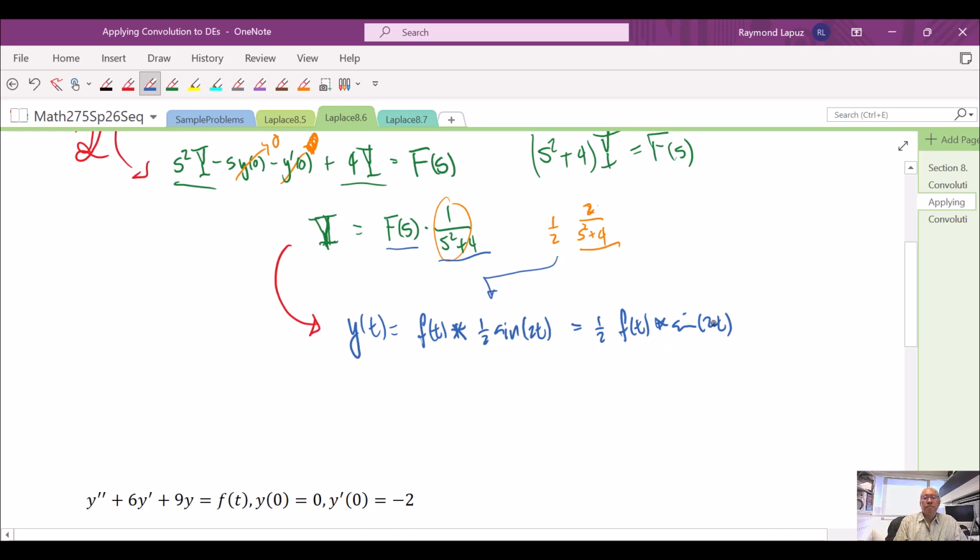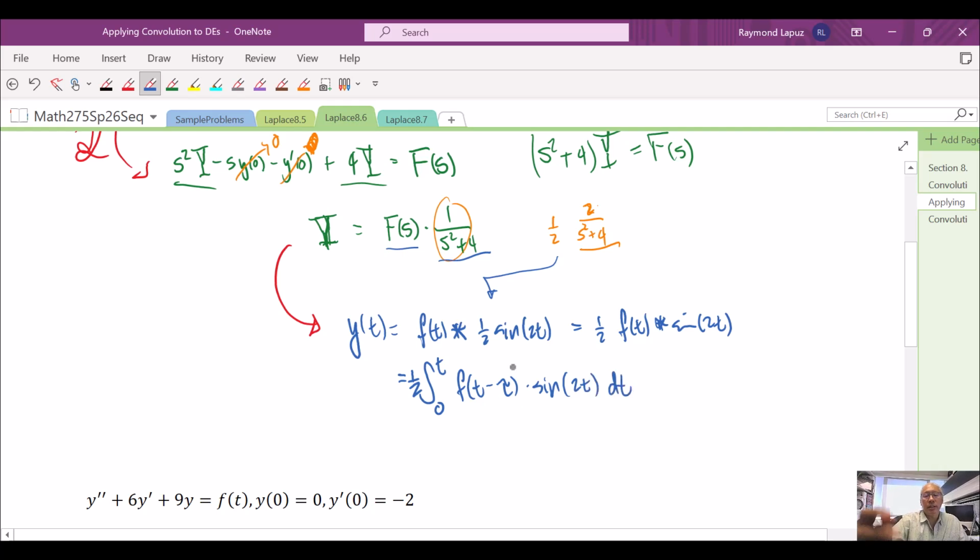All right, now you can be done here, or you can write it more as an integral, the convolution integral from 0 to t. The 1/2 is constant, so you can put that all the way out, and then you can have f of t minus tau times sine, not convolution, right? This is an actual times, sine of 2 tau d tau.